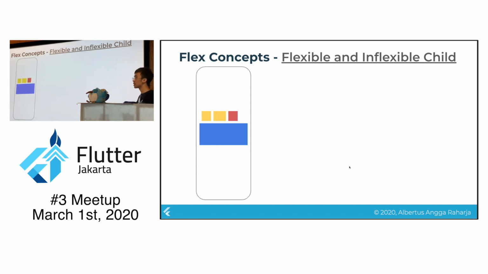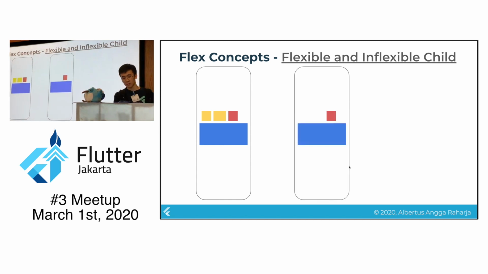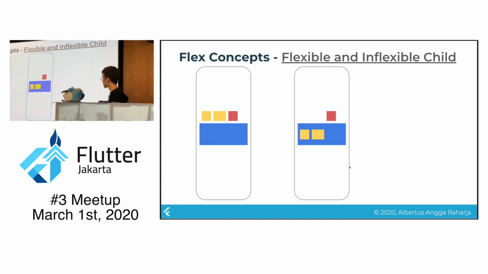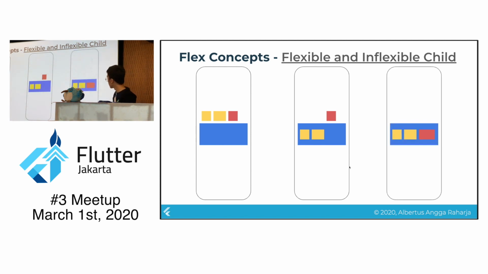But how does Flutter do its layout with flex? First, it will lay out the inflexible ones. The inflexible ones will have their constraints and their size, and then the remaining space will be used for the flexible children.